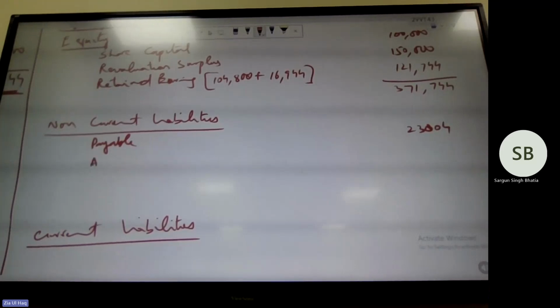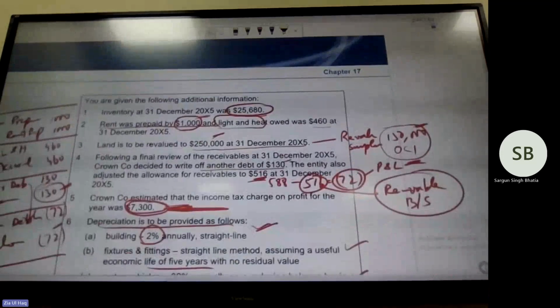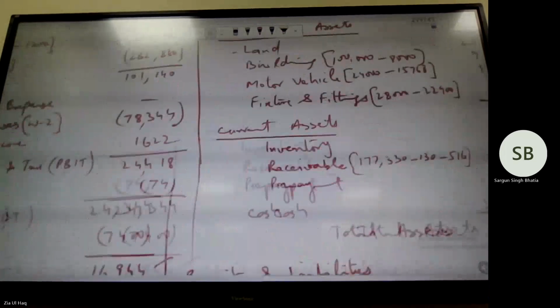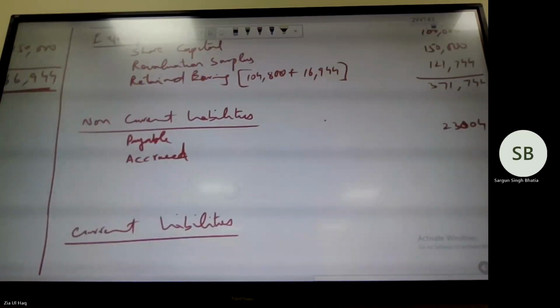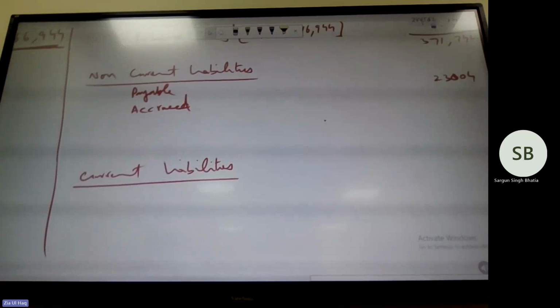And we have accrued expenses. How much are the accrued expenses? 460. We need to record this under current liabilities. There were no non-current liabilities.